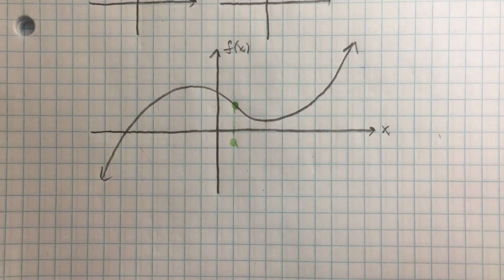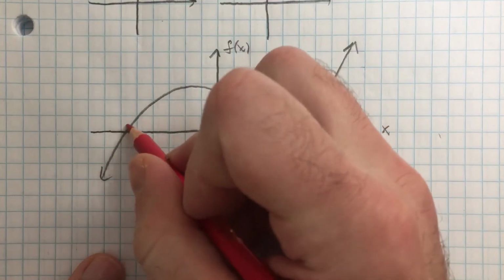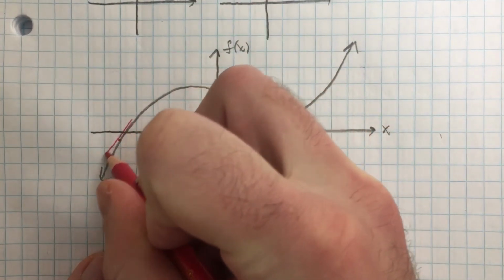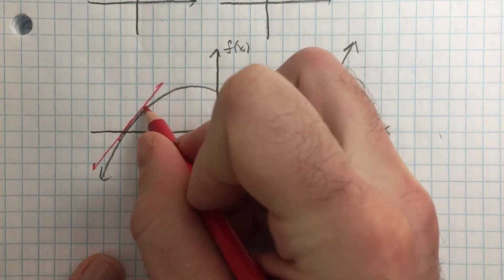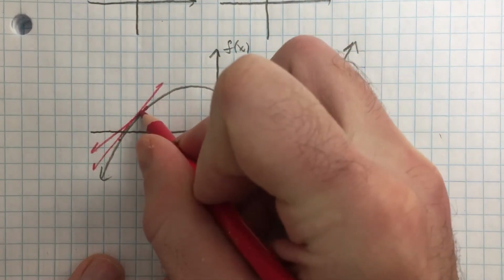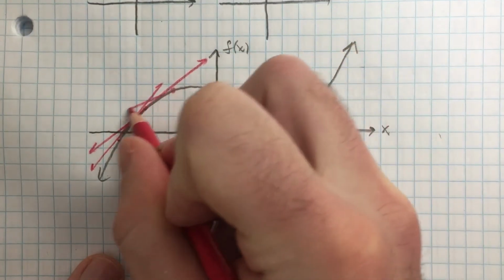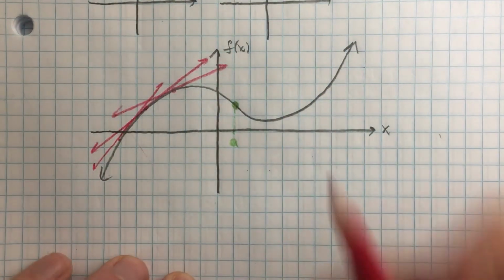All right, so what's going on with the derivatives though? If we start drawing tangent lines to the curve, I'll take a few locations here. Something like that. A little off there, but it's not that big a deal. Something like this. That. Keep going.